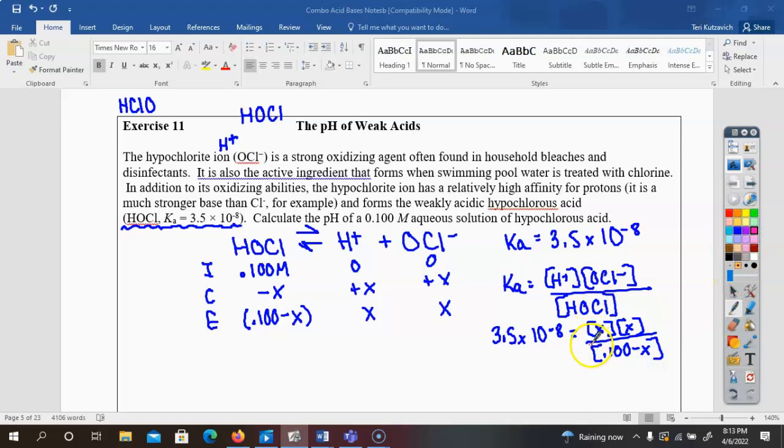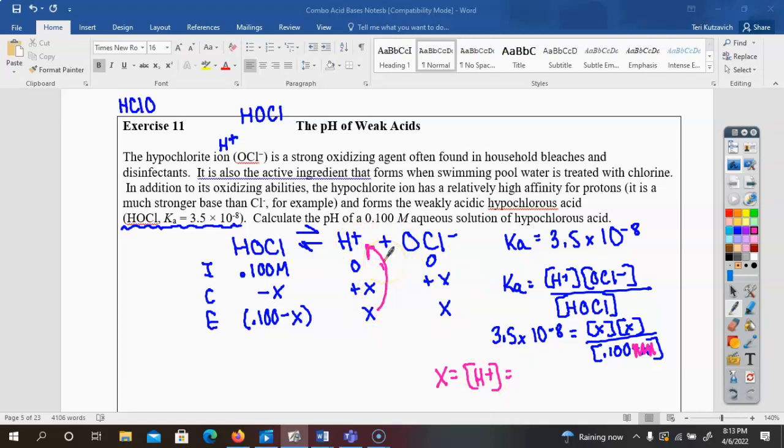Okay, so this is our equation. Looks pretty difficult. We know that we're going to assume this x is very, very tiny. So we get rid of it. Solve for your x, which is equal to your H plus, and I always write this. Do not skip this step. X is always equal to your H plus when it's an acid.